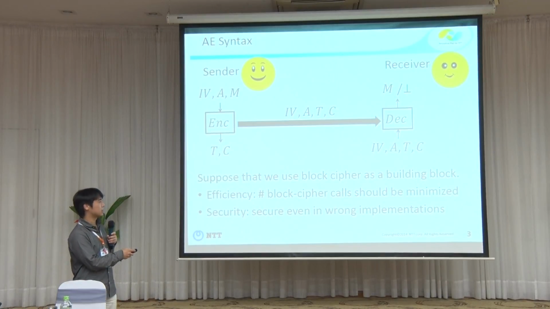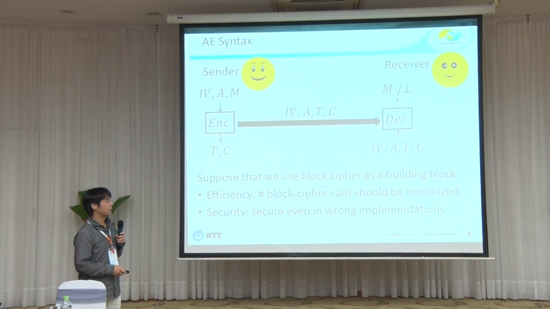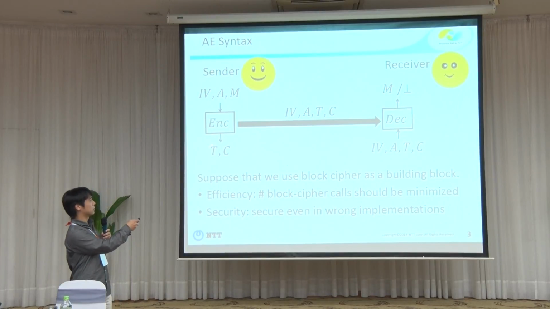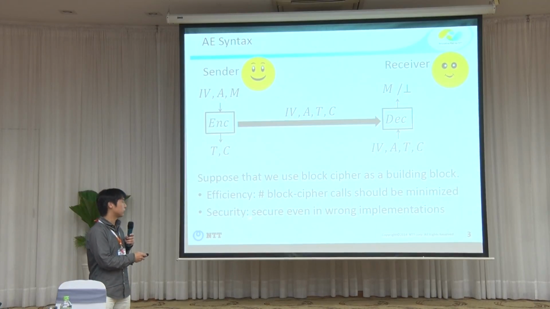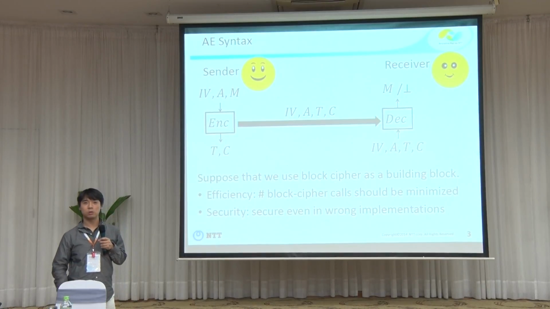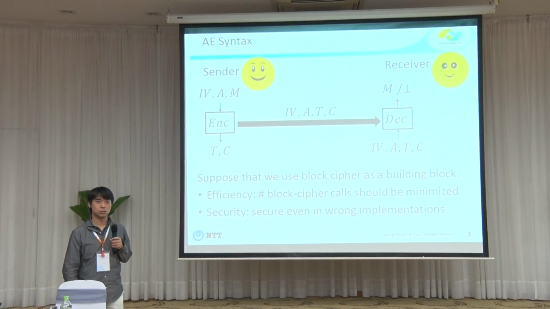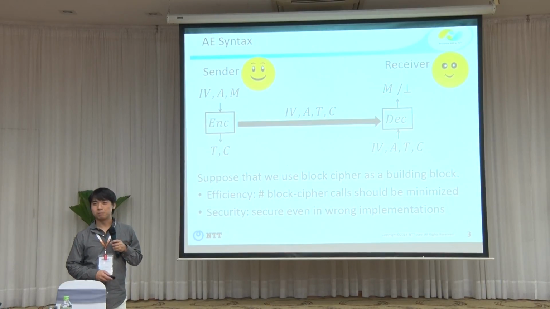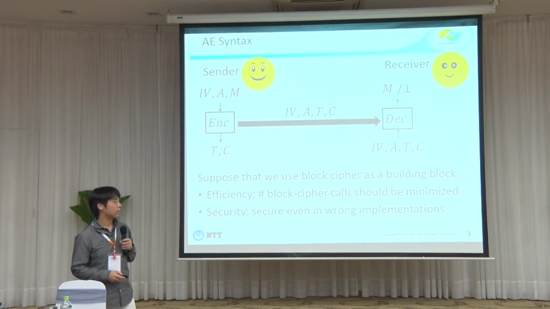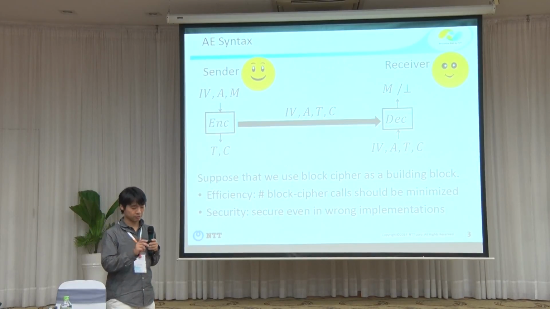Here, efficiency is the number of block cipher calls to compute C. And for security, we want to make sure that the construction is secure even if wrongly implemented. A non-expert may make some mistakes in implementation, but we want to ensure some level of security.